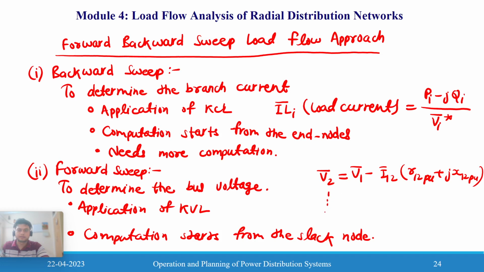Consecutively we can find V6 as V5 minus I56 times (R56 per unit plus jX56 per unit). So firstly, line currents are updated in the backward sweep and then node voltages are updated in the forward sweep. That is the important point.